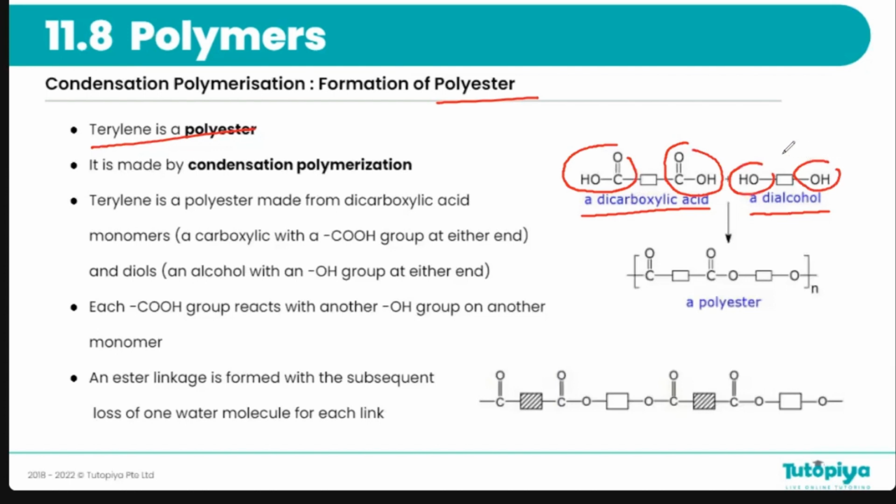And just so that you don't get confused, this box represents whatever the number of carbons in between the two functional groups. It could be CH2, it could be C2H4, it could be any number of carbon chain that is in between this box. We just draw a box so that we don't have to repeatedly draw a long carbon chain.